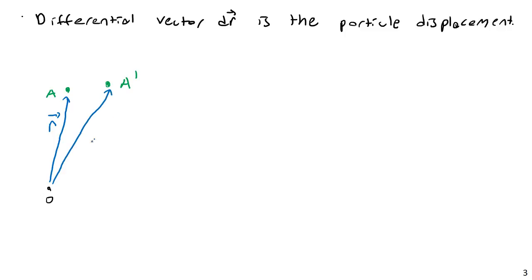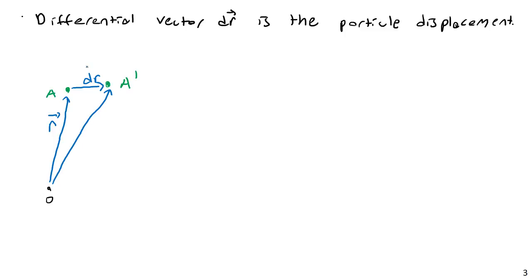Let me back up a bit. The original vector will be r. The displacement from A to A prime will be dr, just trying to be consistent with what I have up here.